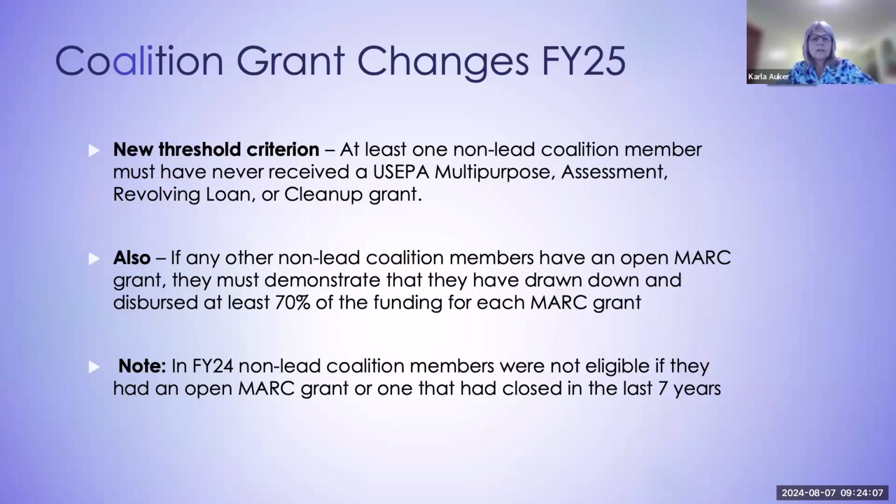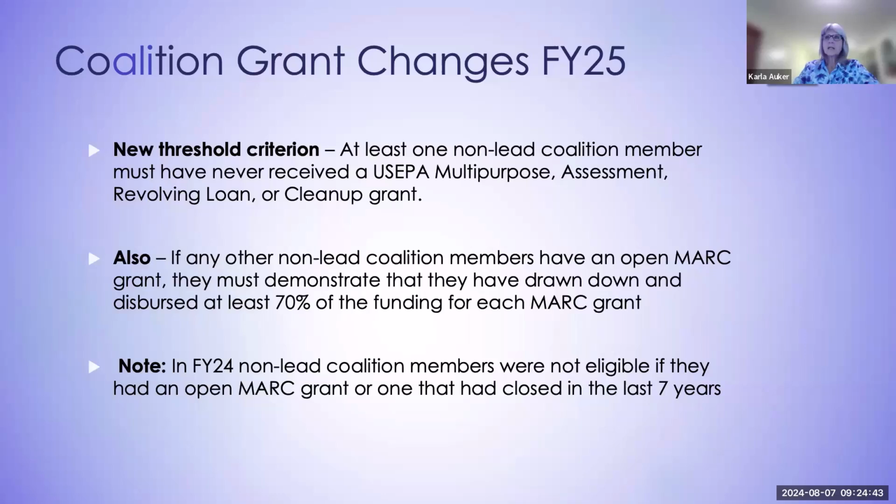Also, another thing that's different is, if last year you had non-lead coalition members, they had to be considered a new grantee. They had to have either never received an assessment grant or any kind of grant, multipurpose, assessment, revolving loan, or cleanup from US EPA, or if they had received a grant, it had to have closed 8 years ago or more.